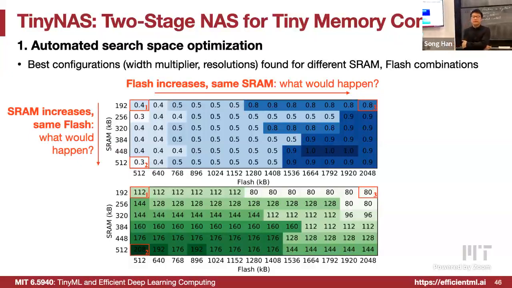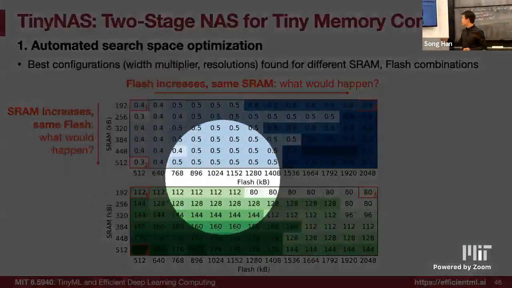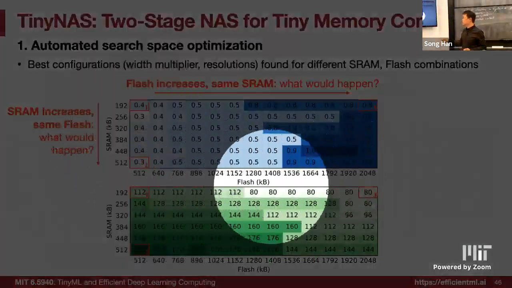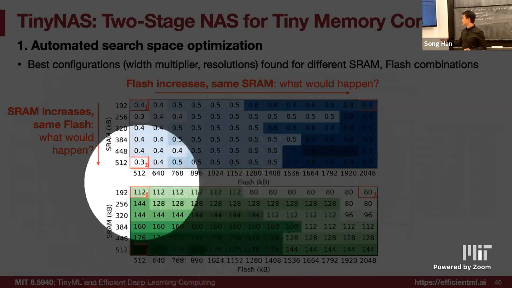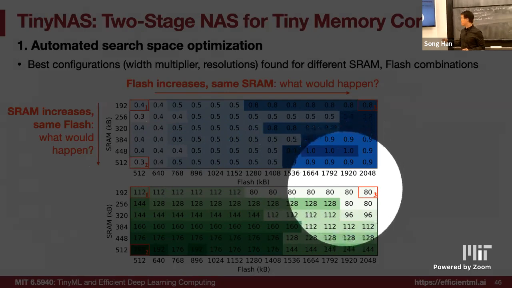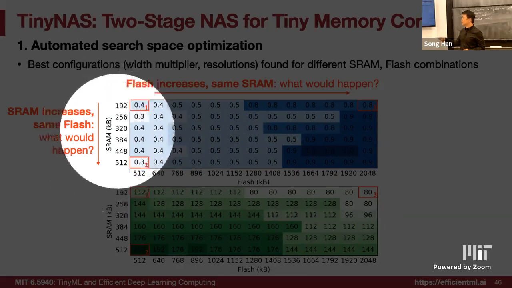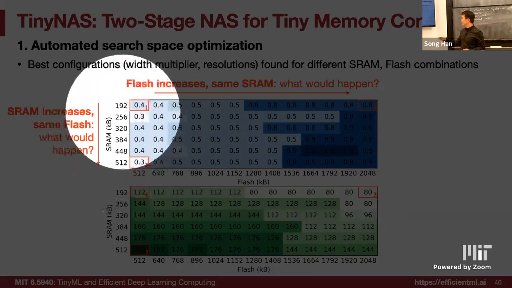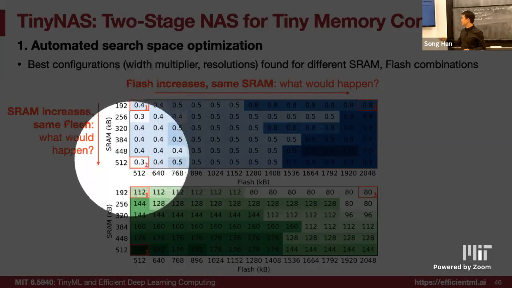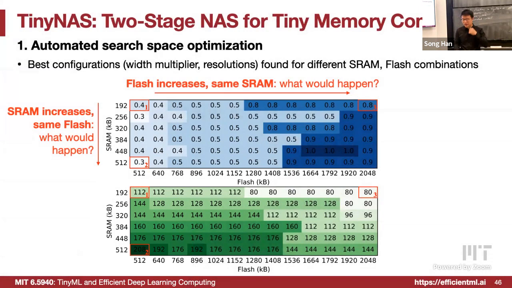Okay, and now let's analyze given different SRAM constraints. This is given different flash sizes, ranging from 512 kilobytes all the way to 2 megabytes. So the x-axis is the flash, the y-axis is the SRAM, from 192 kilobytes to 512 kilobytes.